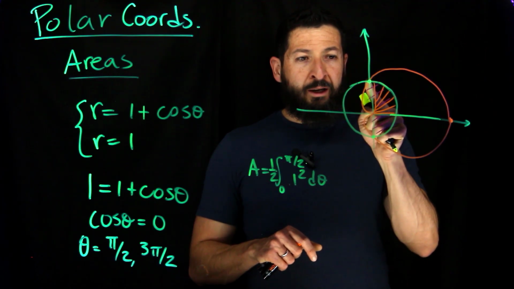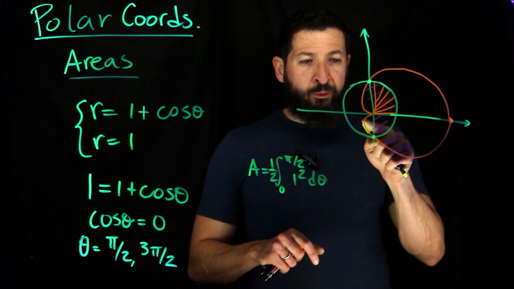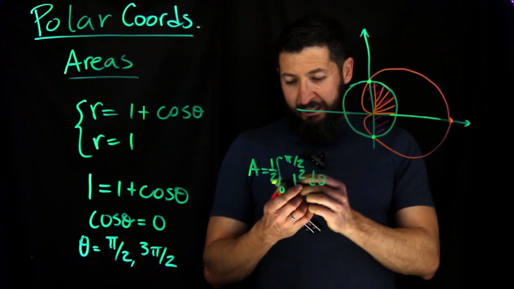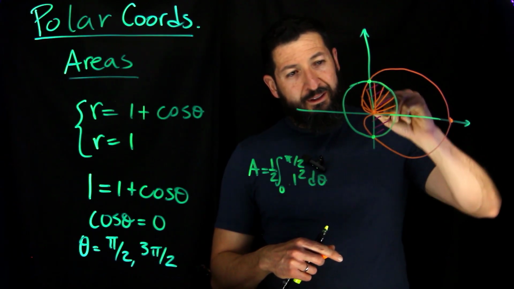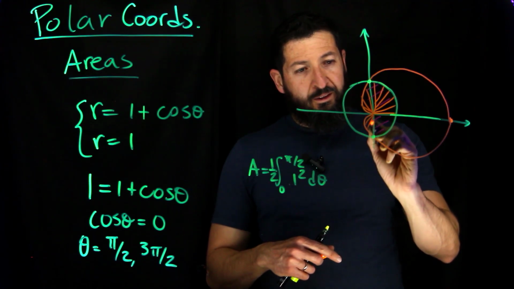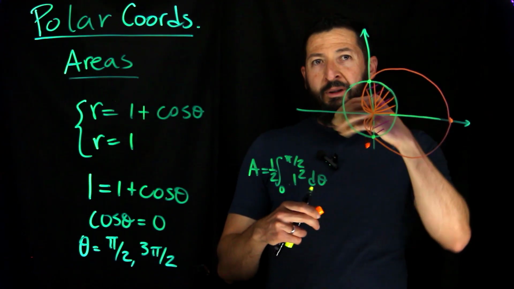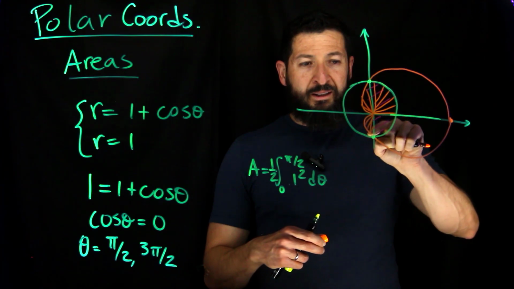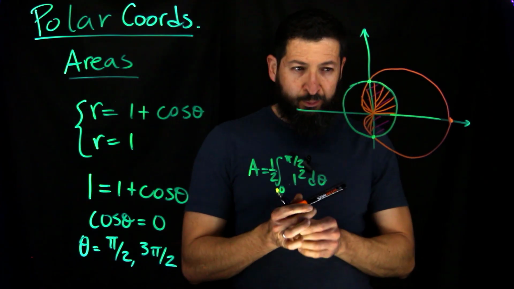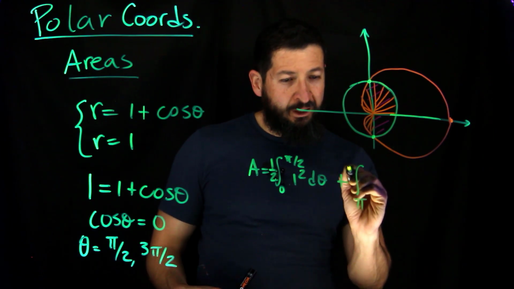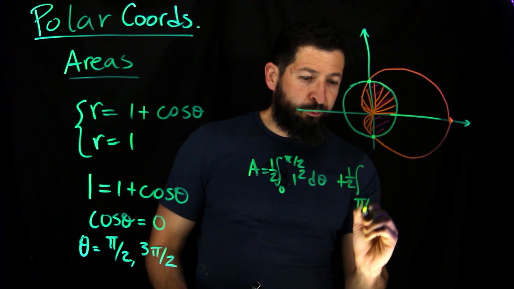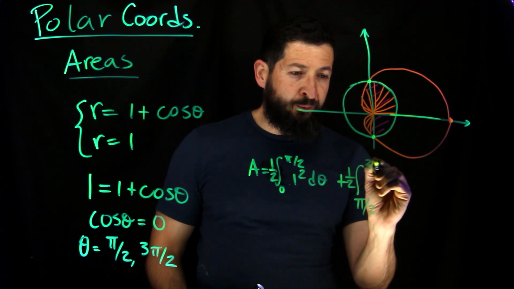Now, I'm going to go from pi over 2 all the way to 3 pi over 2. And I'm going to be integrating really the other function, because all those angles, as I'm going out, all that radius is going to give me this. So I'm going to add the integral, 1/2, I keep forgetting my 1/2, from pi over 2 to 3 pi over 2.